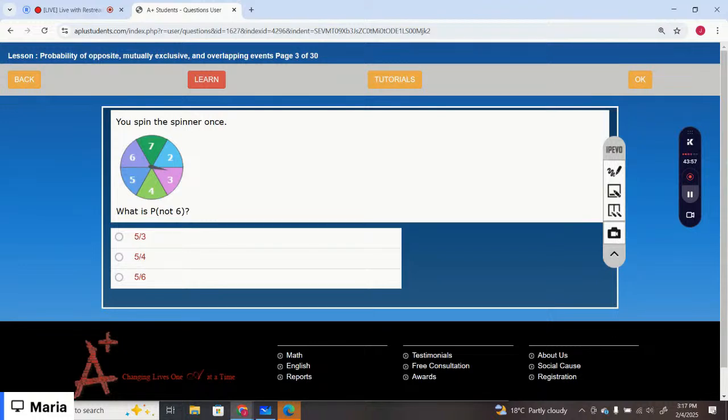You spin the spinner once. What is the probability of not 6?